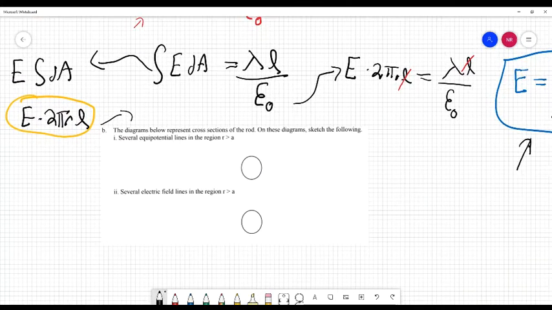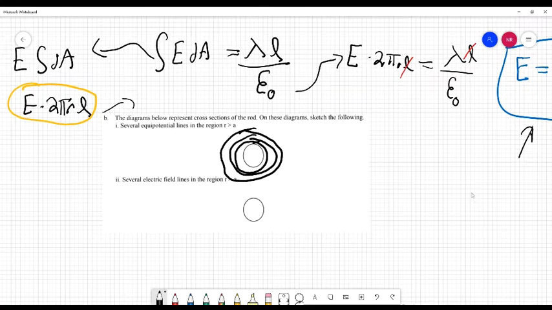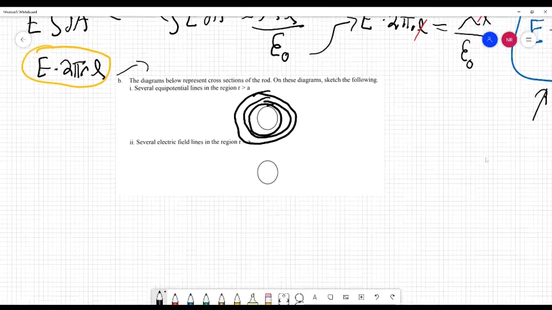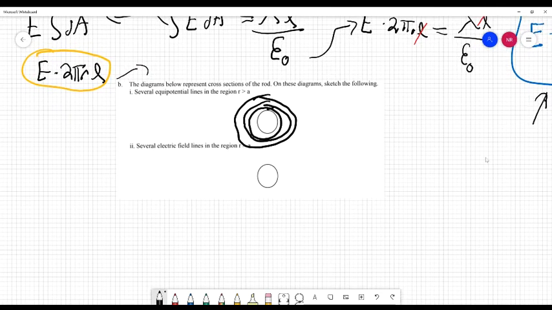So that means that we can just go ahead and draw concentric circles around the rod to depict the equipotential lines. And then the electric field lines are going to be a little bit different.